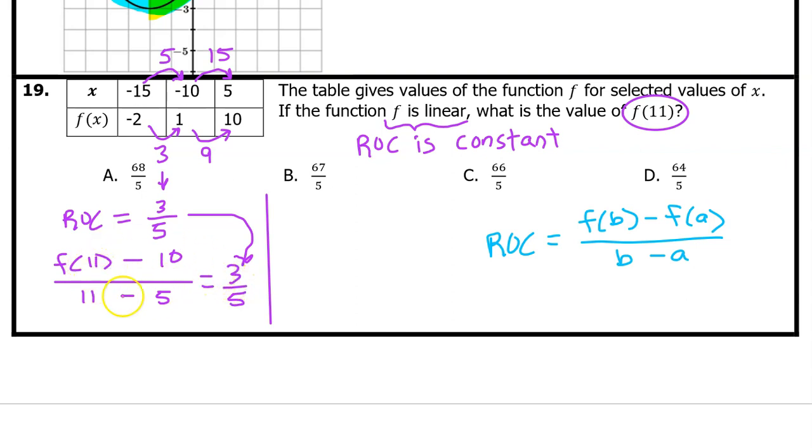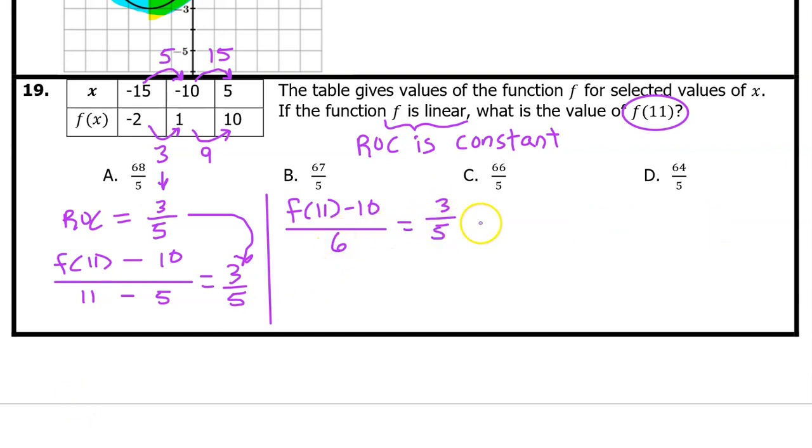So we're simply going to do some arithmetic and basic algebra to isolate the f at 11. So I'm going to have f at 11 minus 10 over, and let's just go ahead and do 11 minus 5, which is 6. And that is equal to 3/5.